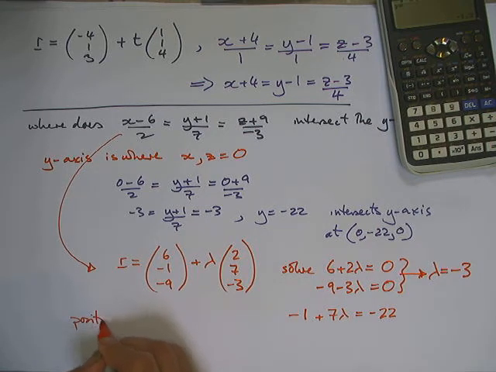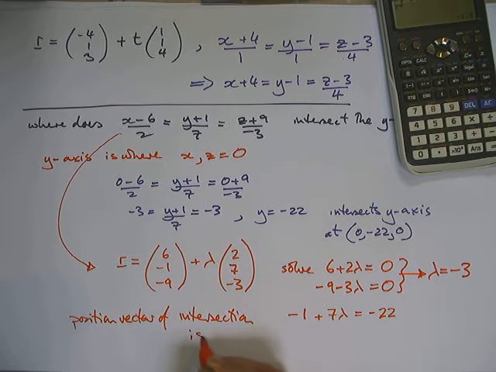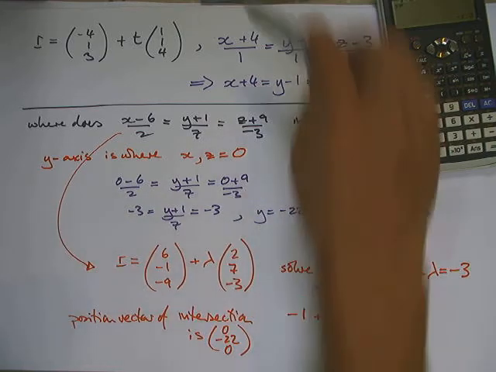Position vector of intersection is 0, minus 22, 0. Right, have a crack at 9c.